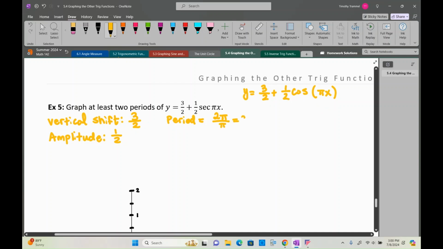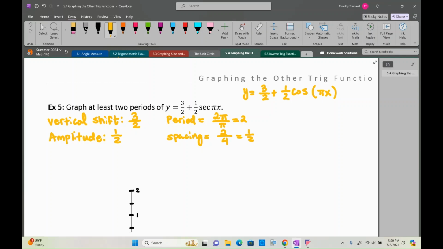So the period is 2, which means that the spacing should just be the period over 4, which is just 1/2. So it's going to be pretty convenient spacing on the x-axis. Okay. Now, there is no phase shift. You don't see x plus or minus some number. Okay. So since there's no phase shift, we don't have to think about any horizontal shift.